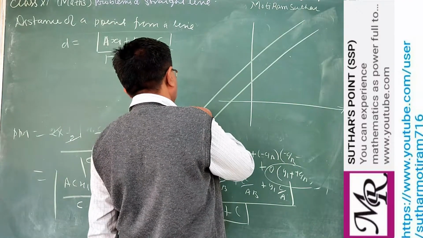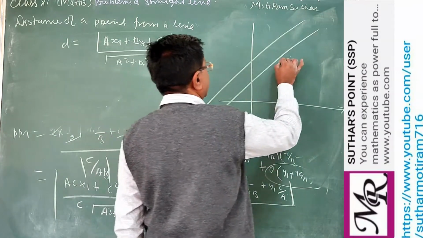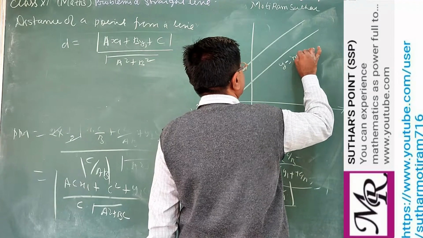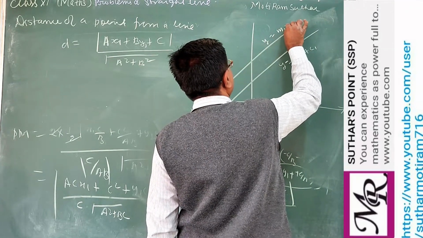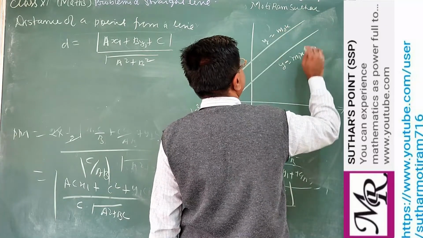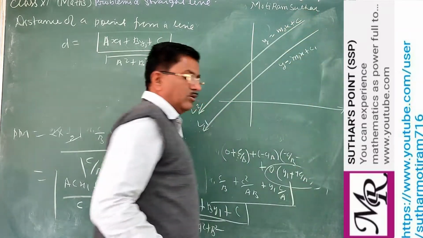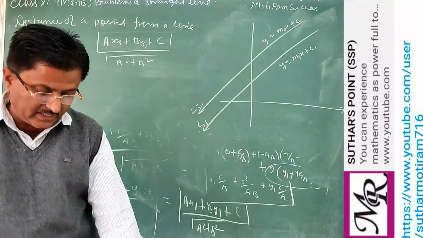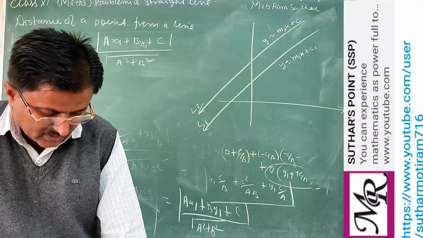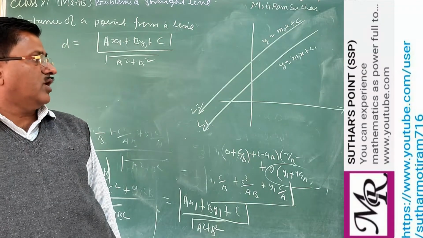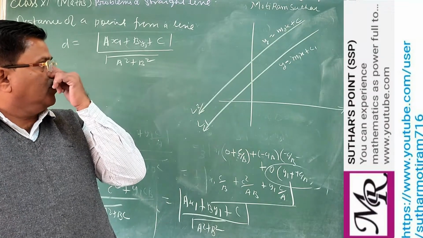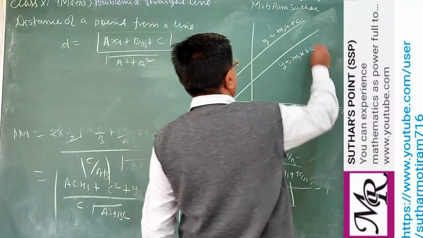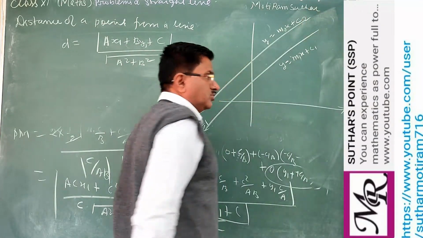Suppose this is L1, this is L2, two parallel lines. Their slope will be the same because they are parallel. So the equation of the first line is y equal to mx plus c1 and the equation of the second line will be y equal to mx plus c2.